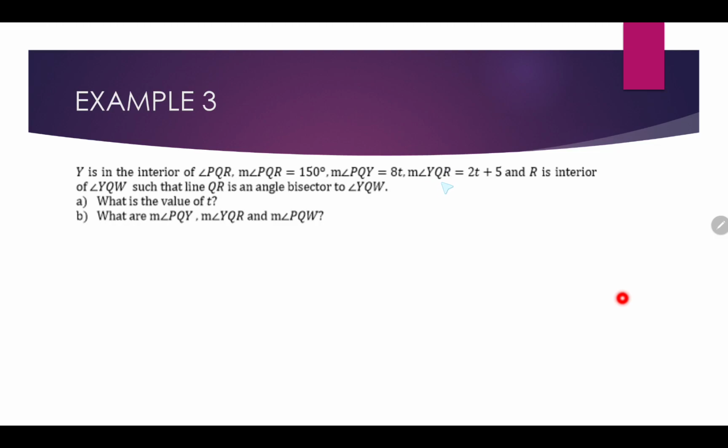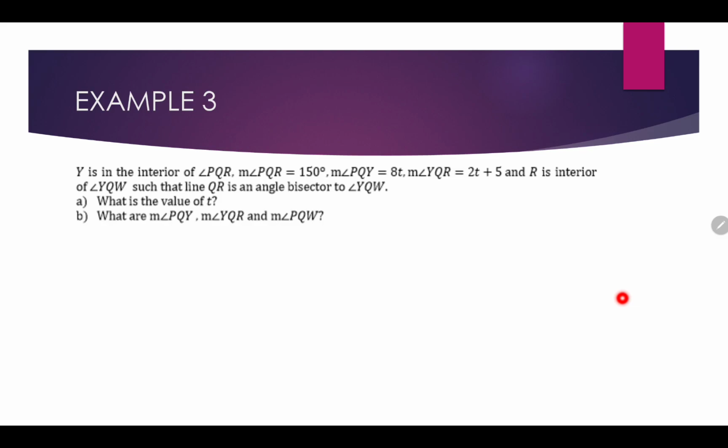The measurement of YQR equals t plus 5, and R is in the interior of angle YQW, such that line QR is the angle bisector of angle YQW. So you need to imagine the figure of all these angles and lines.